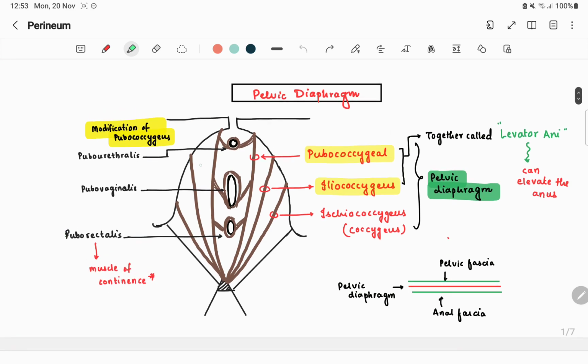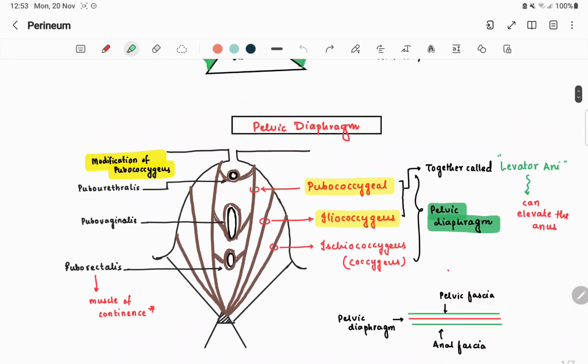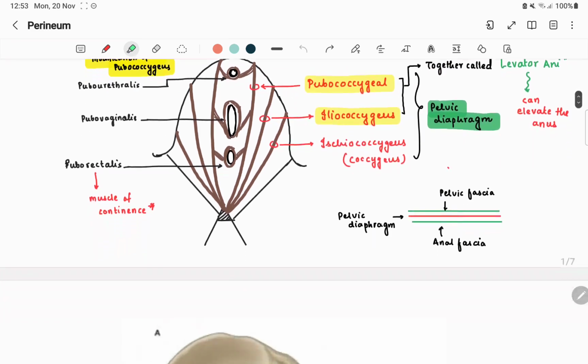These three muscles, pubourethralis, pubovaginalis, and puborectalis, are modifications of your pubococcygeus muscle. So the pubococcygeus is modified into pubourethralis, pubovaginalis, and puborectalis. Understood? And the pubococcygeus, iliococcygeus and ischiococcygeus form the pelvic diaphragm.